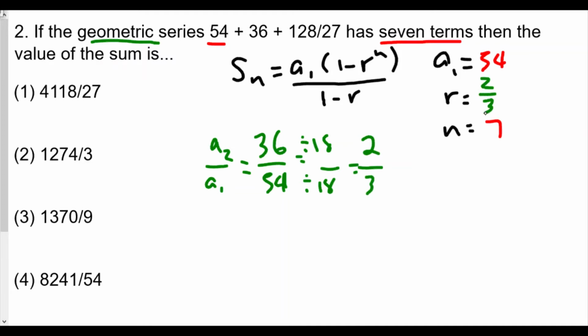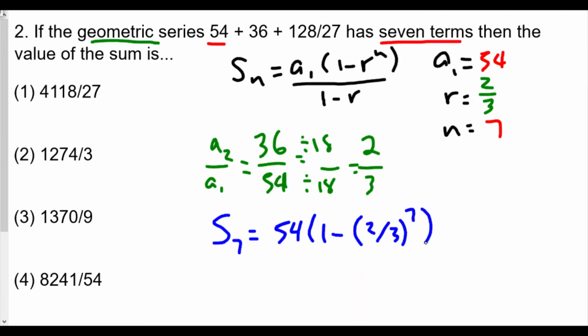We're not going to find all 7 terms and add them together. Instead, we're going to use our formula. So S of 7 is equal to 54 times 1 minus (2/3) to the 7th power, all over 1 minus 2/3.